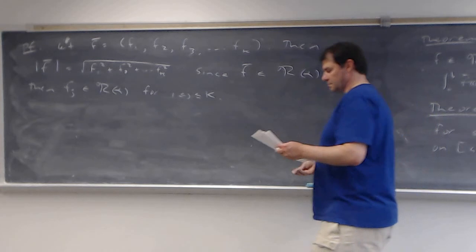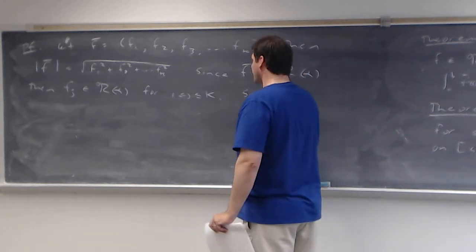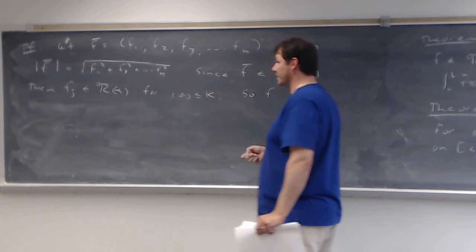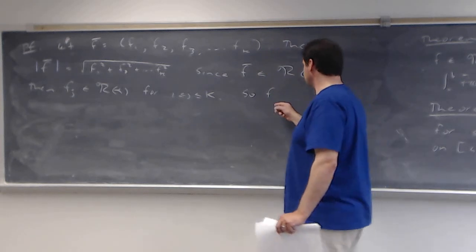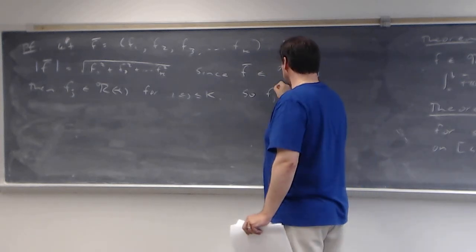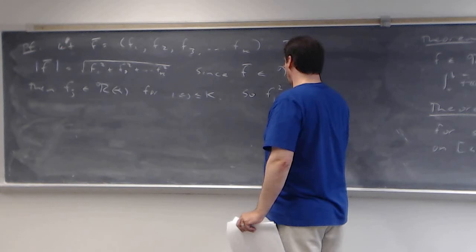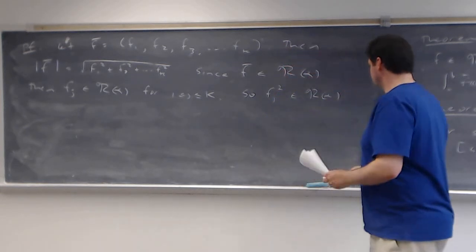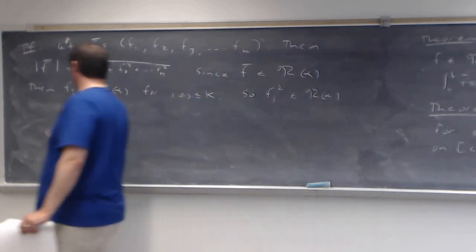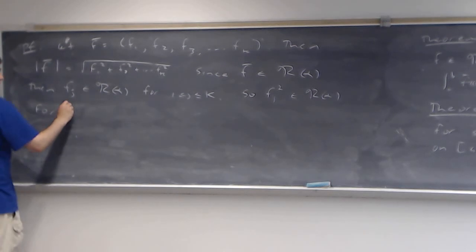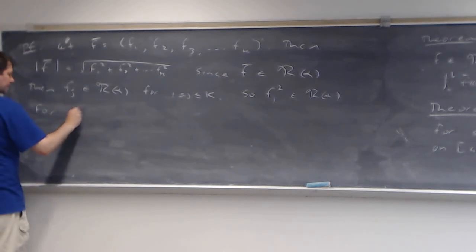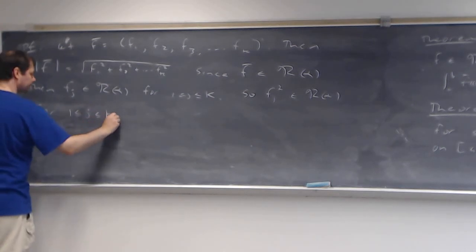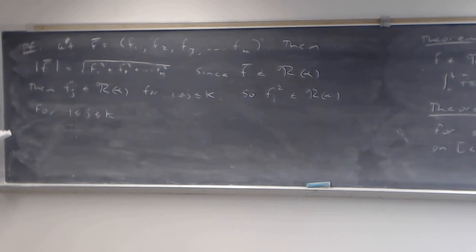Okay. So, by a previous theorem, or previous work even within a theorem, f sub j squared is an element of Riemann-Stieltjes integrable functions, for 1 less than or equal to j less than or equal to k.